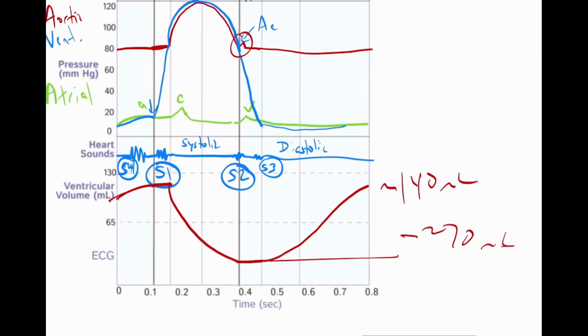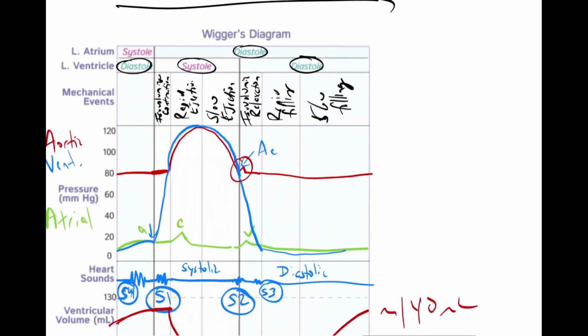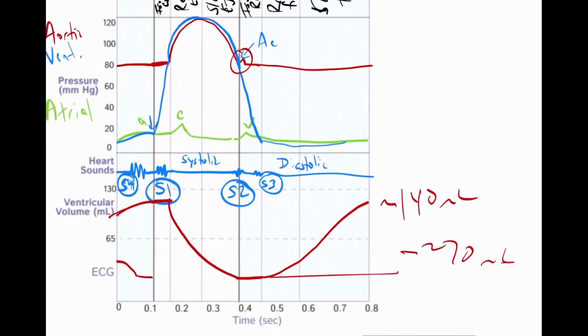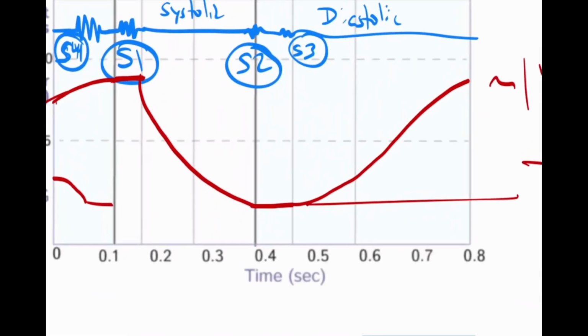The last little bit is our EKG. We'll put this together. So we know we are in the beginning of ventricular diastole. So the last little bit is the end portion of the P wave. Now, at this point, we have what? What happens in that next segment? Right here.